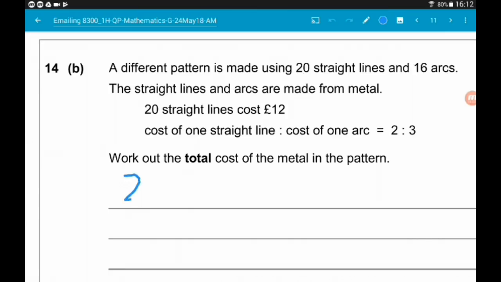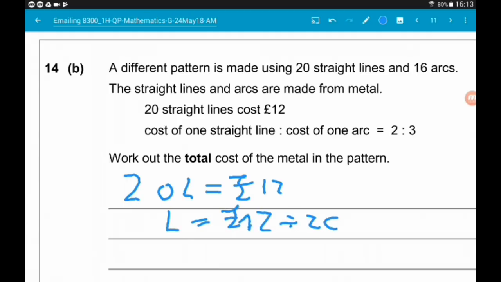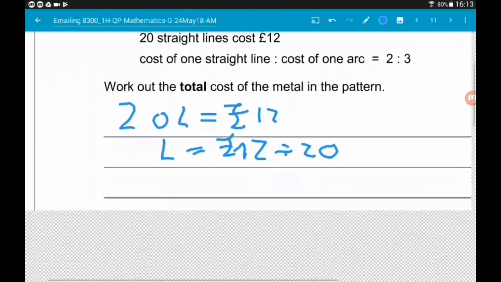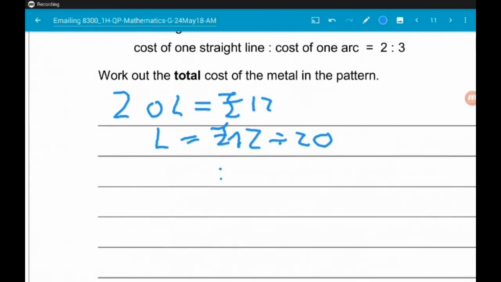So we know 20 lines cost £12. So one line is £12 divided by 20. Now to do that, we could first of all divide by 10.